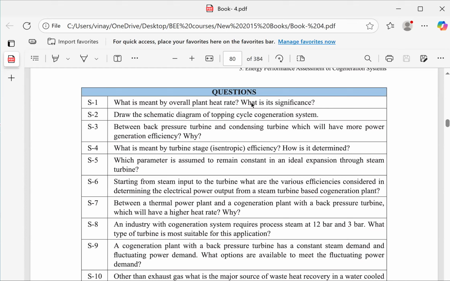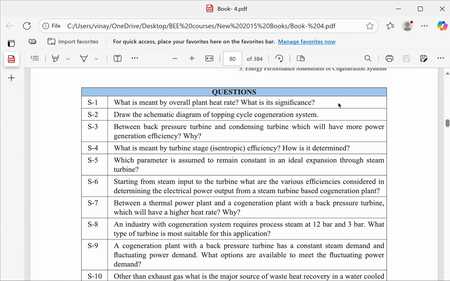So what is meant by overall plant heat rate and what is its significance? Just now I told you what the overall plant heat rate is. How much heat per hour is put into the plant? That means how much fuel is input per hour multiplied by the gross calorific value of that fuel will give you the overall plant heat rate.